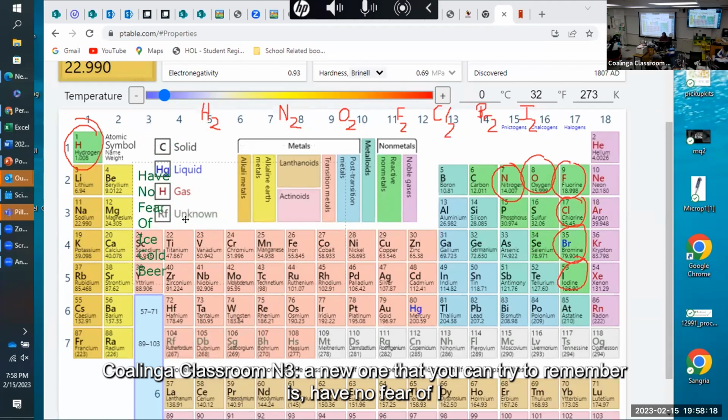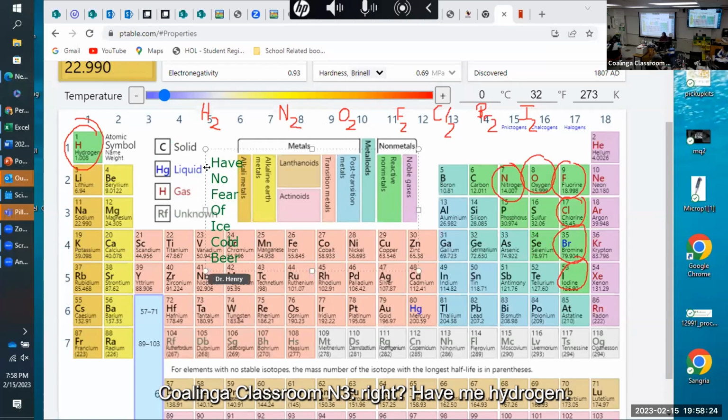A mnemonic that you can try to remember is: have no fear of ice cold beer, right? Have meaning hydrogen, no meaning nitrogen, fear meaning fluorine, of oxygen, ice, iodine, cold, chlorine, beer, bromine.